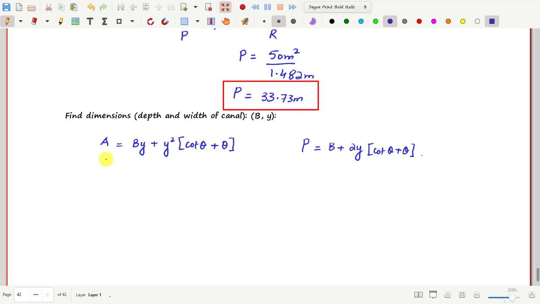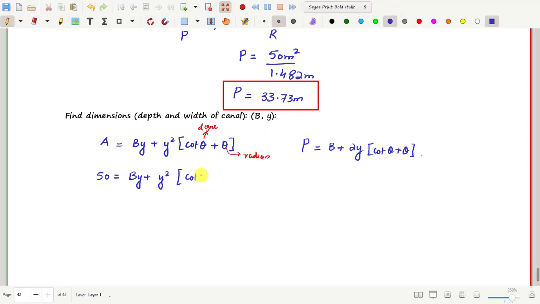So let's put the values. As we got the value of area already, which is 50 meter squared, it is equal to By plus y squared into cot theta. As I told you, we need to put the value of theta in degrees for this one and theta in radians for the other.